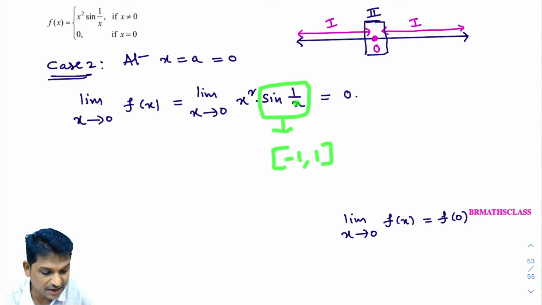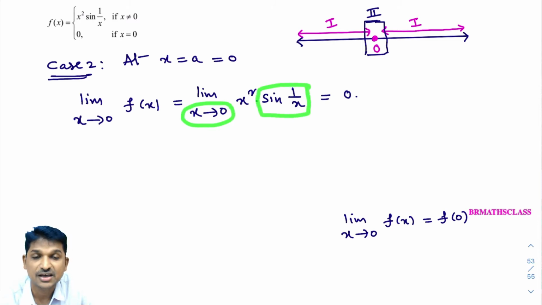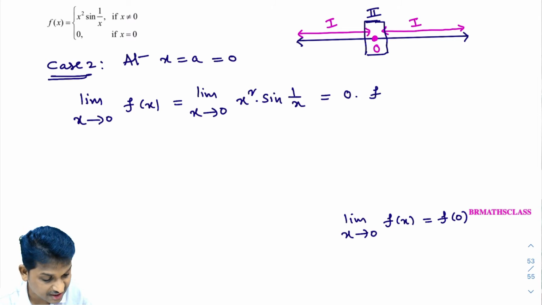So, whatever x value I take other than 0, very near to 0, sine 1 by x is always in the closed interval minus 1 comma 1. So, when x approaches 0, this is a finite quantity. You don't think that it is not defined. So, I will write here, it's a finite quantity. Finite quantity means it is a value between minus 1 and plus 1.